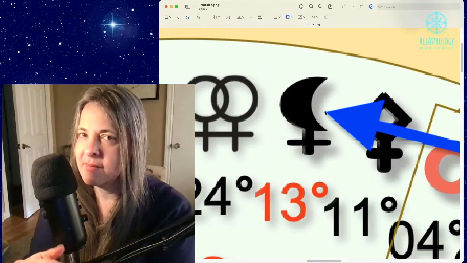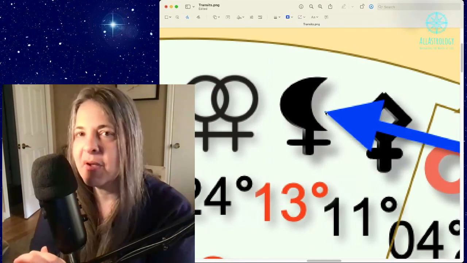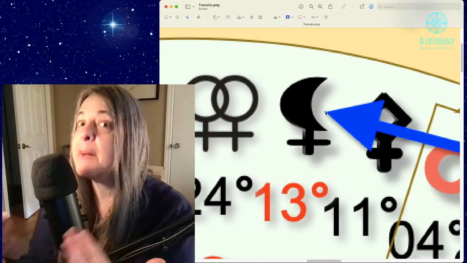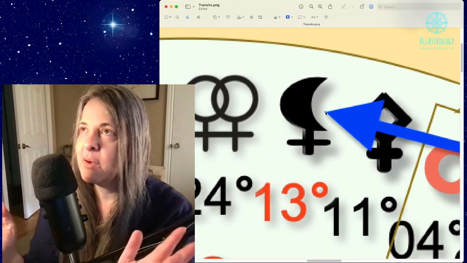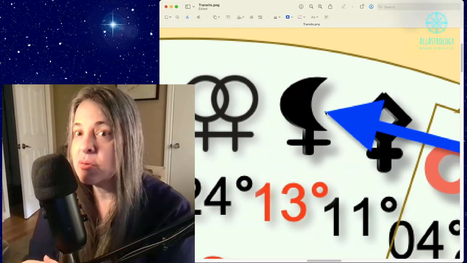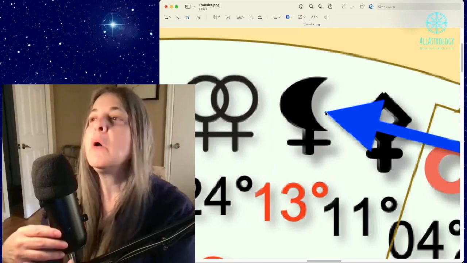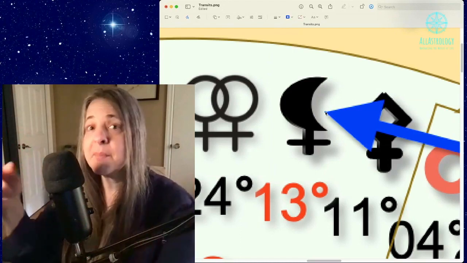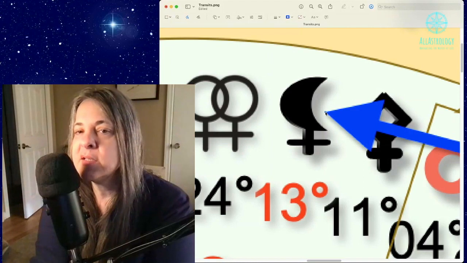I'm choosing the ignorance by not putting her on the chart. So I thought, well, I have to put her on the chart because she's proven that she absolutely demonstrates in the real world. Well, whatever the hell we call the real world, the 3D. She shows up and she's part of it. She's in the recipe of events. Whenever you look, you're like, oh, this is here, that's there. And oh, snap, there was Black Moon Lilith in a very powerful position to send some not so wonderful things happening.